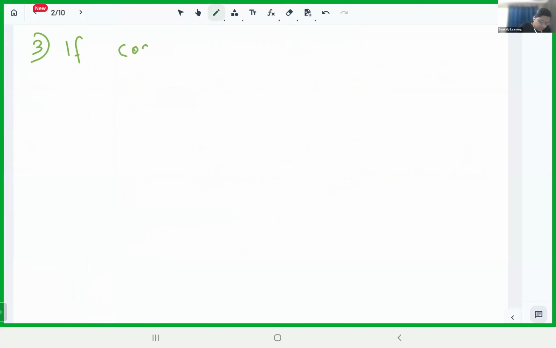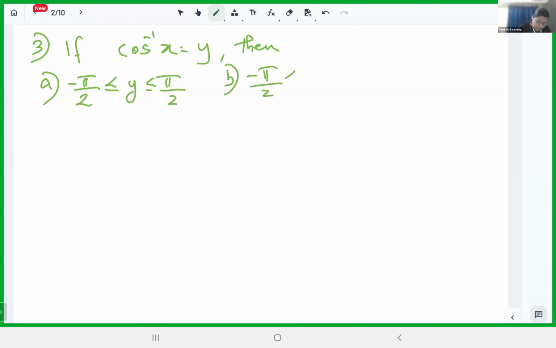If cos inverse x equal to y, then... B is minus pi by 2 less than y less than pi by 2.